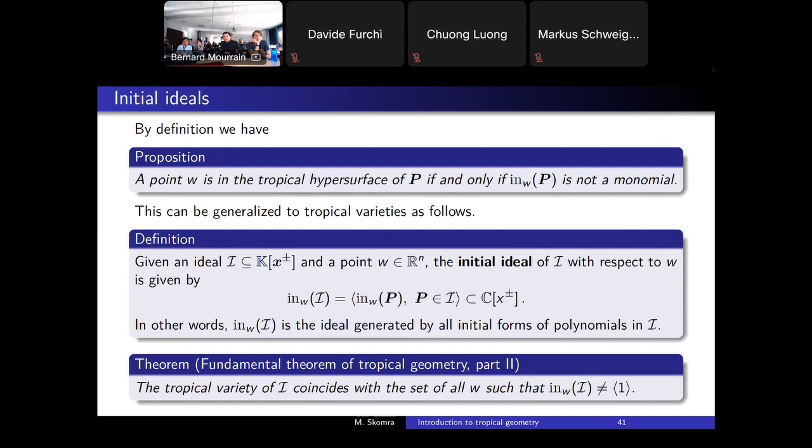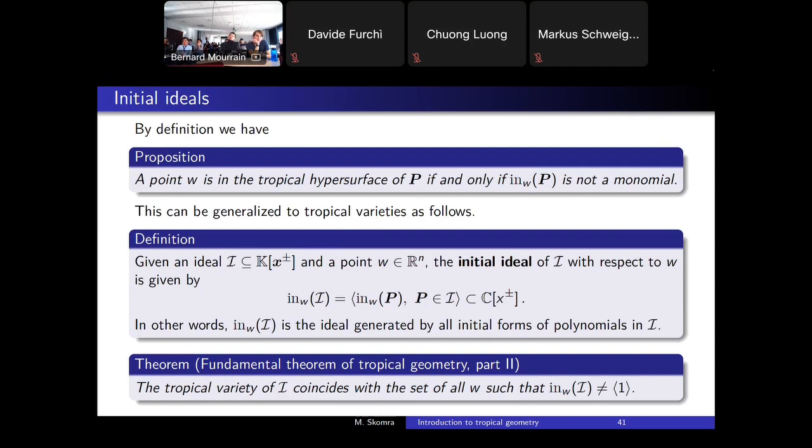Okay, so the basic idea is that you have an ideal over Puiseux series, and now for every real point, you can associate to it an ideal over complex numbers. And now the tropical variety of I coincides with the set of W such that this initial ideal is not the unit ideal.